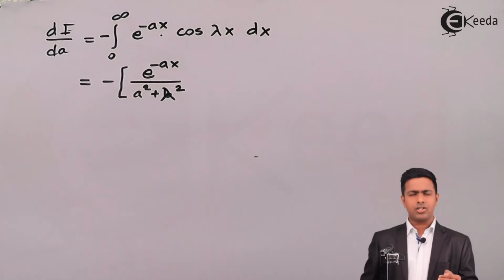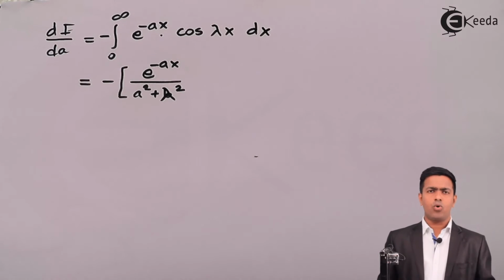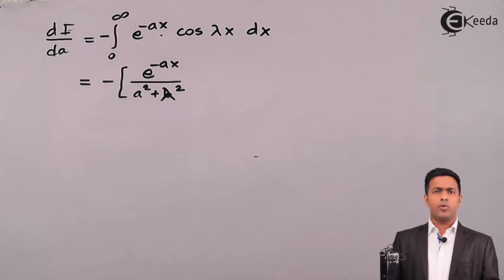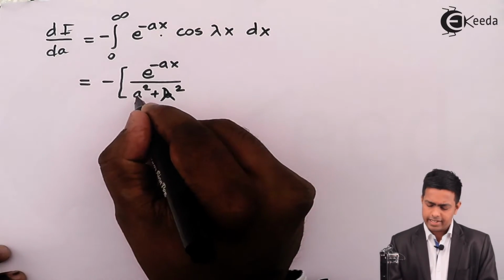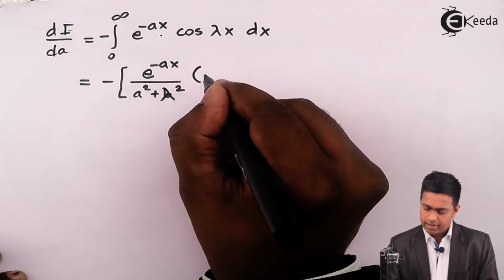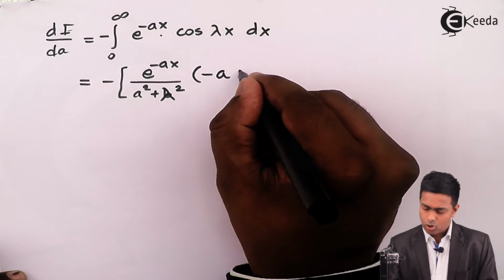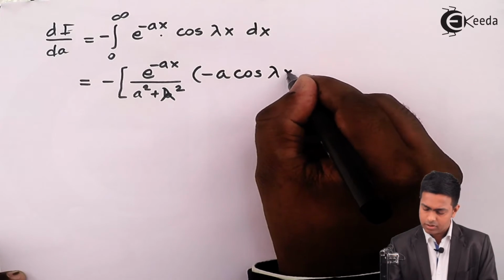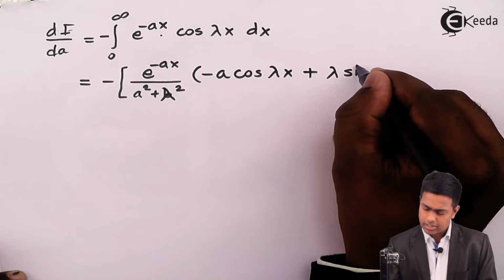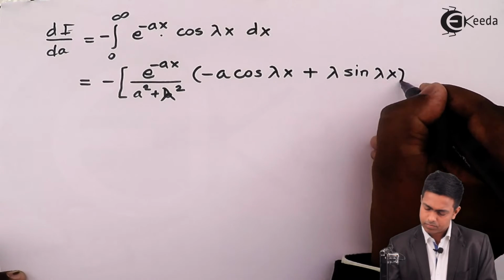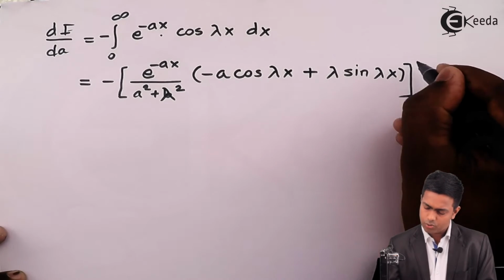It is just a simple property which you all have studied in 12th standard, or maybe in the 11th standard. So it is (a square plus lambda square) in bracket, minus a cos of lambda x plus lambda into sine of lambda x, from 0 to infinity.